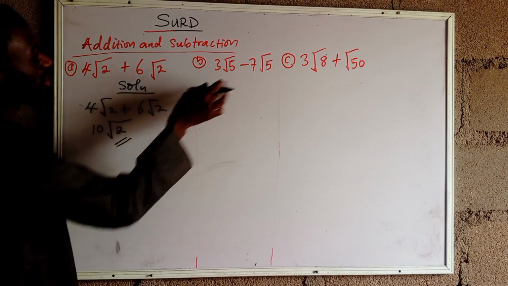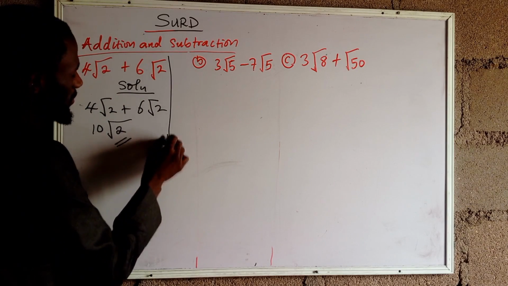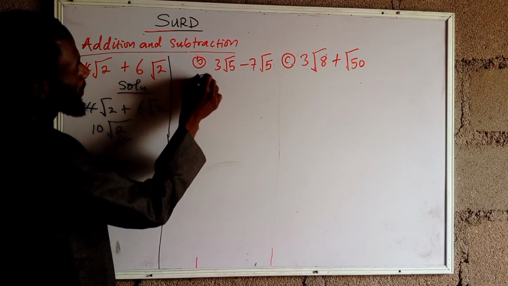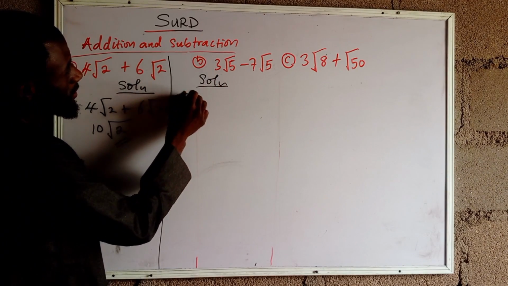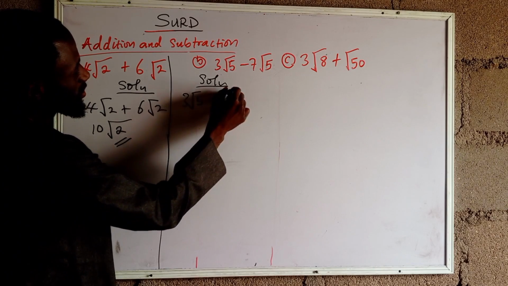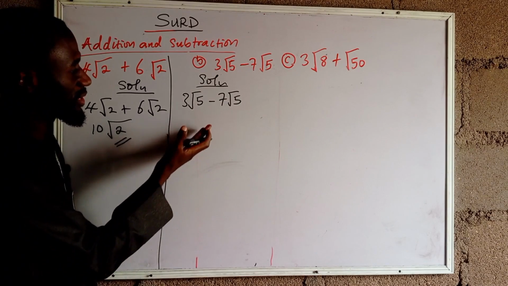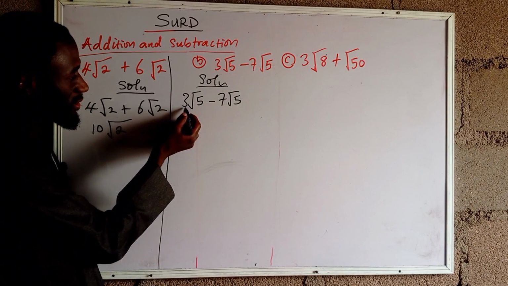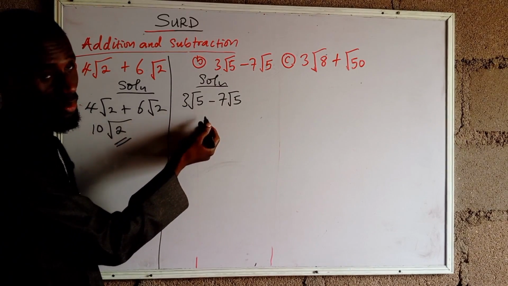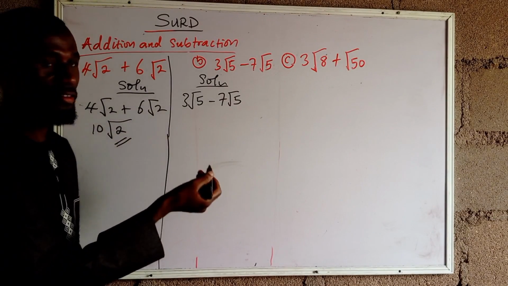Then the next question to solve: 3 root 5 minus 7 root 5. This one you can subtract, since you have 3 bunch of root 5 subtracted by 7 bunch of root 5.